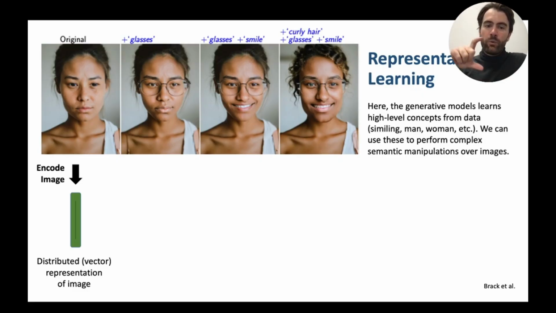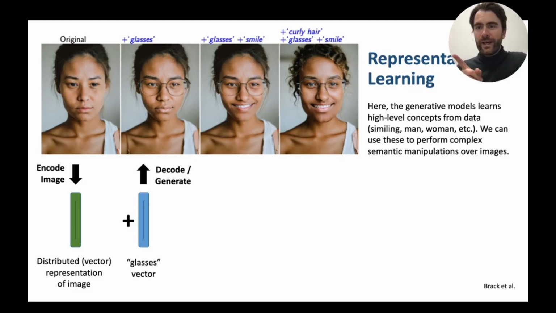And if we move our green representation of the image towards the images that have glasses, and by that I mean that we add a vector which points in the direction of having glasses to the green vector, and then we generate an image from the new representation, which is the sum of these two vectors, then we will typically have a person which has glasses.